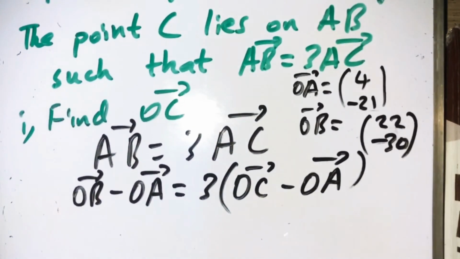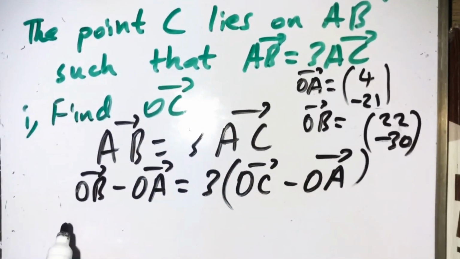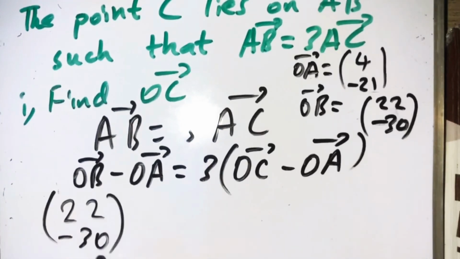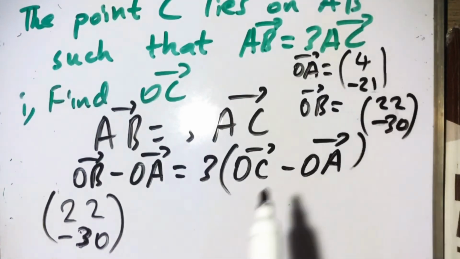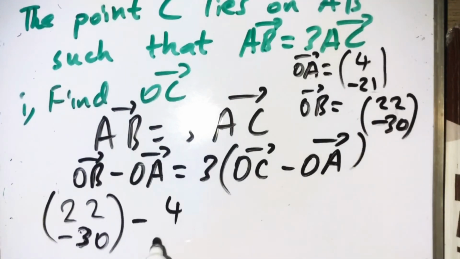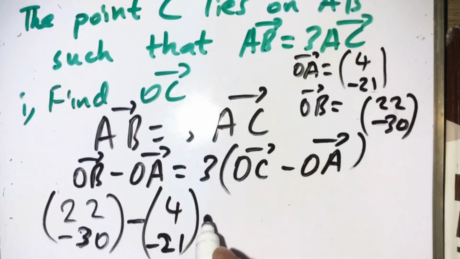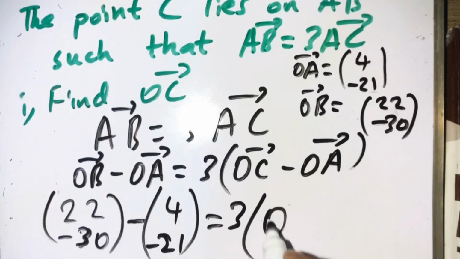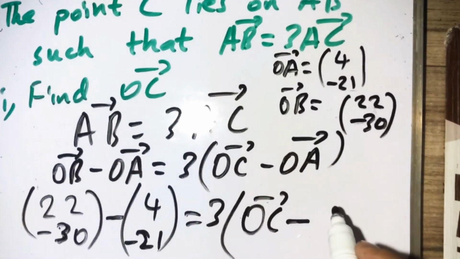Now OB minus OA, so (22, -30) minus OA, which is (4, -21), equals 3 times OC minus OA, where OA is (4, -21).